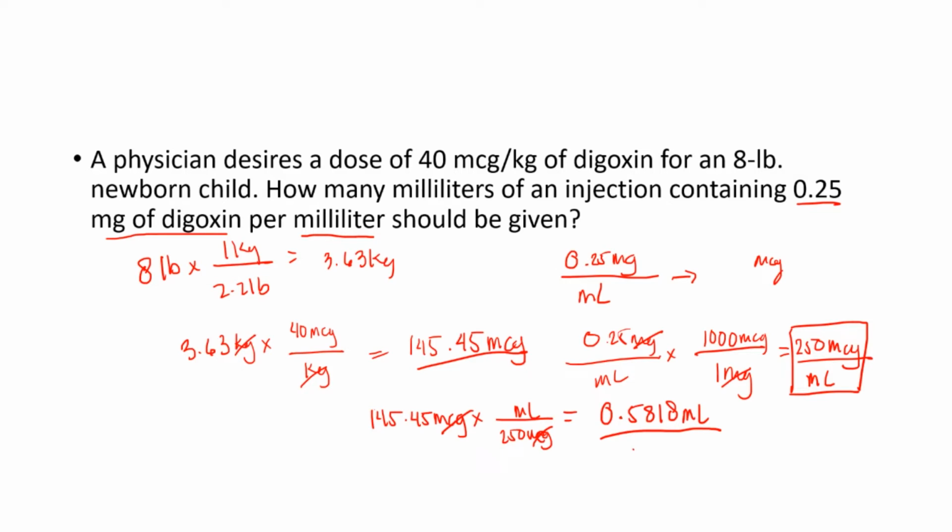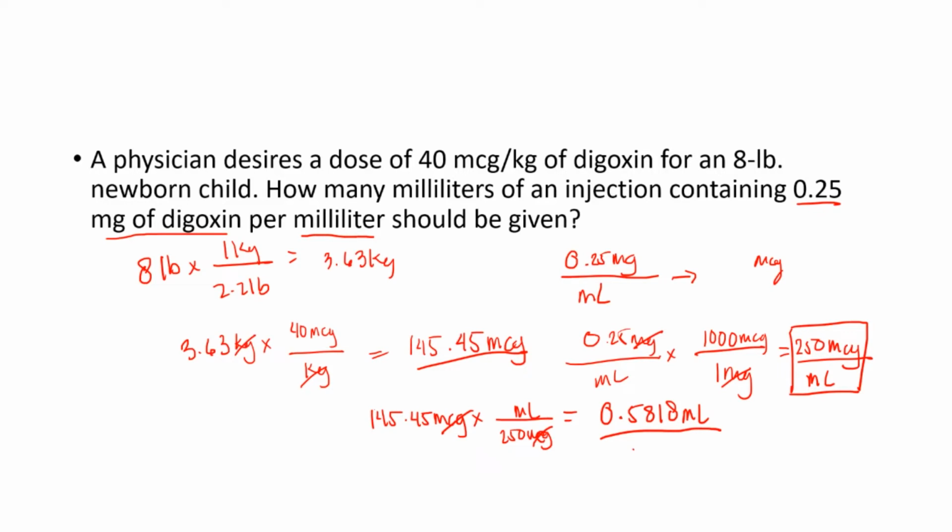So is it feasible na less than 1 ml ang ibigay as injection? Yes, we actually have syringes that are for 1 ml and less. So this is very much feasible to be administered. Okay, questions.